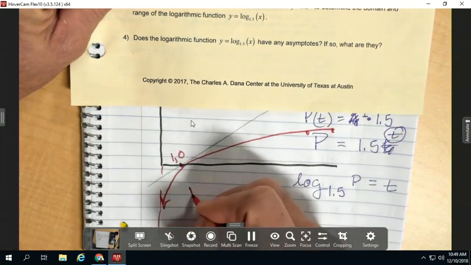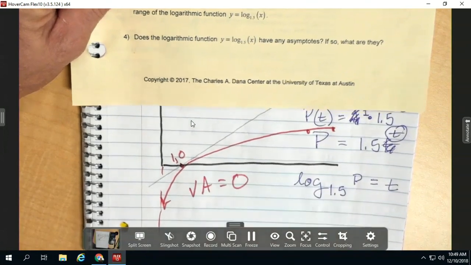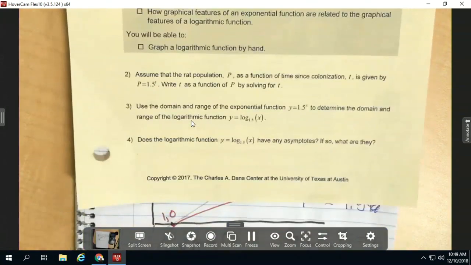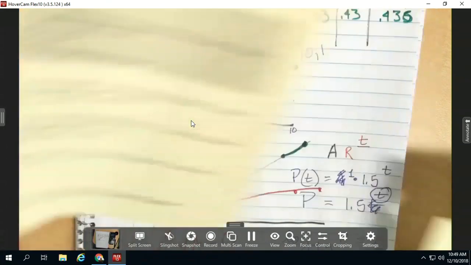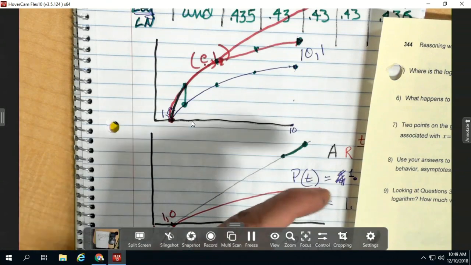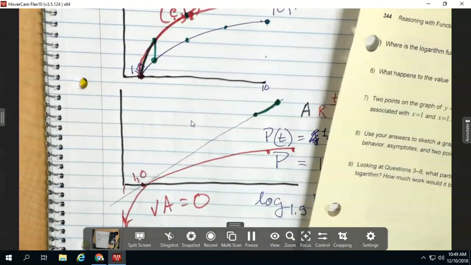Yeah, it does. It's got a vertical asymptote at 0, meaning the population can never be 0 or negative. So what's true about this logarithmic function is number 5. Is it increasing or decreasing?